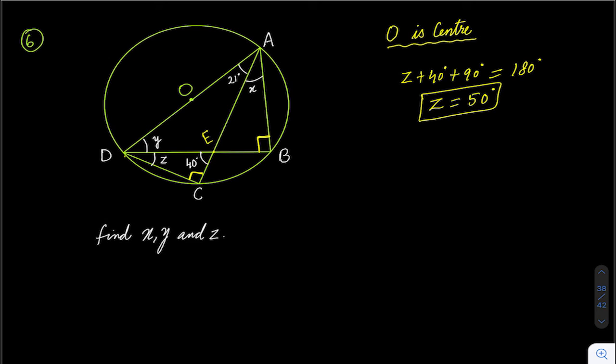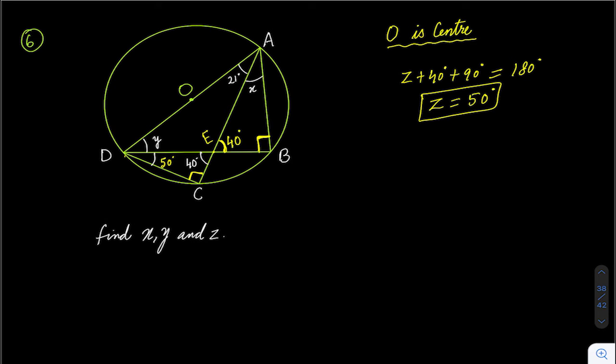So Z is coming out to be 50 degrees. Okay, now one angle, 21 degrees, is given, and we need to find x and y. I know this angle is 90, and I know this angle also, the vertically opposite angle, is 40 degrees.